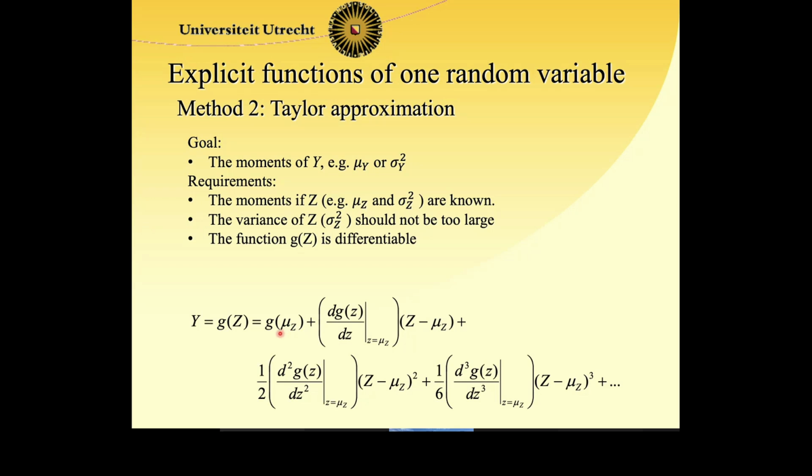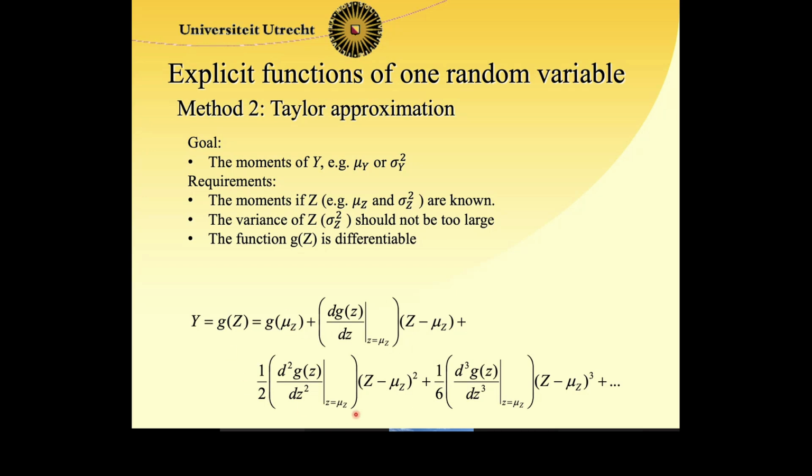How do we do that? Well, it's equal to plugging in the mean of z, which we know, and then taking the derivative of g with respect to z. This is why it should be differentiable. Then evaluating this derivative at the value of the mean, multiplying times z minus the mean, because it's a Taylor approximation with respect to the mean.